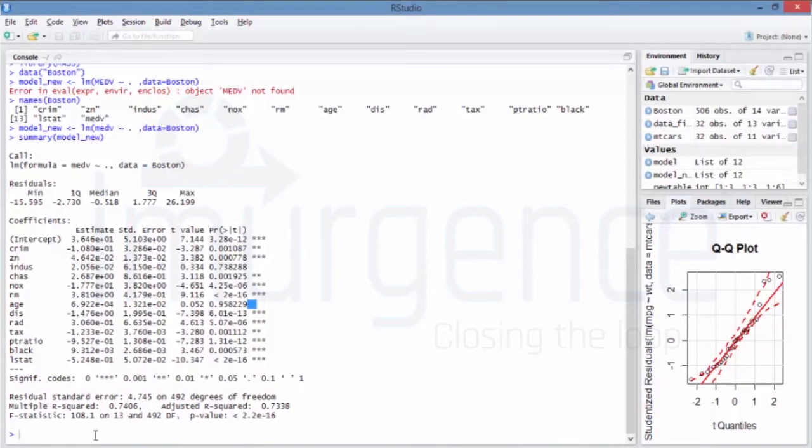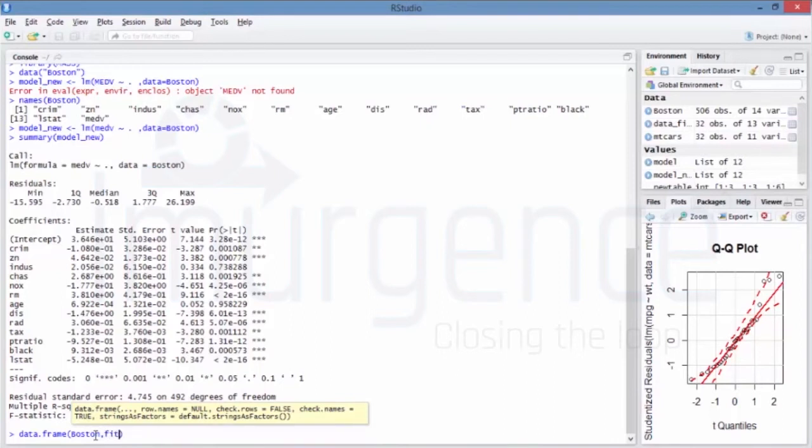So what I'm going to do is I'm just going to say data.frame, and in that I'm saying the actual data, which in this case is Boston, and then I'm saying comma, this is the actual data, and just besides that I'm saying push the predicted value.